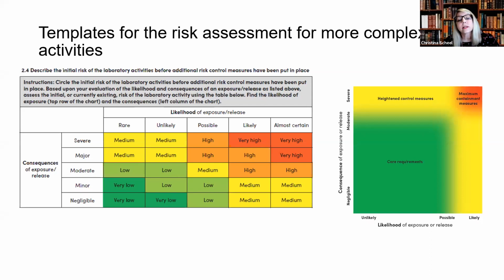That is a more complex assessment. And I think for most activities, you would use this. The simple form can be used for a very simple process, a single process, or a snapshot to get a better idea of what risk is involved with any activity you plan to do.